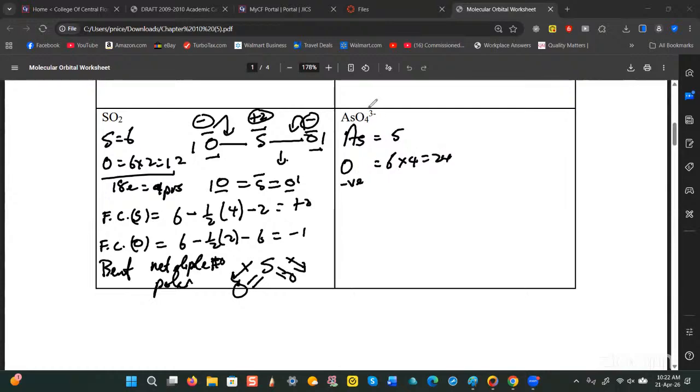And then we have to take into account the charge. How do we do that? You would add 3 electrons, exactly. So let's see what that gives. 29 plus 3, 32 electrons. 32 electrons equal to 16 pairs. Okay, next step.